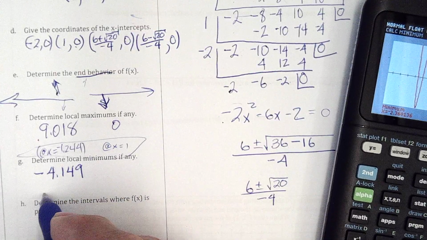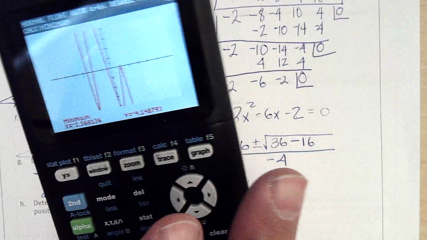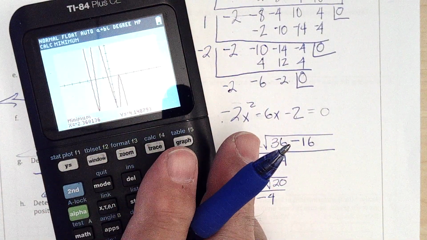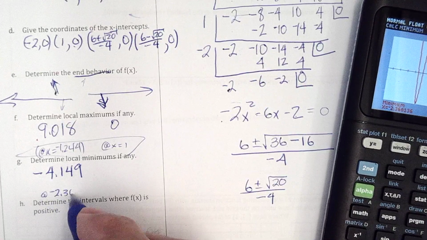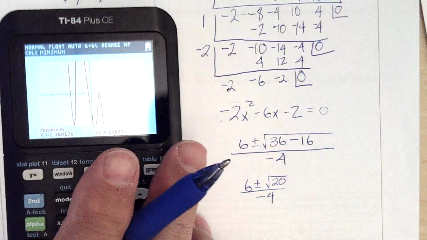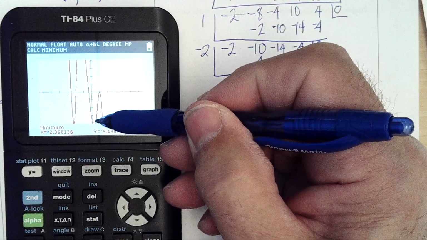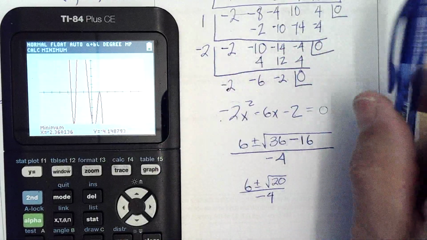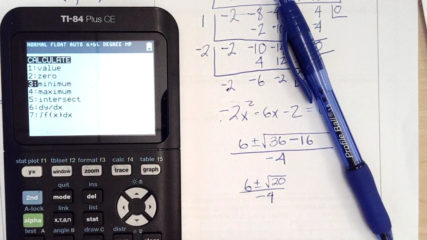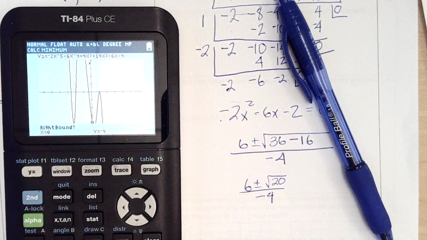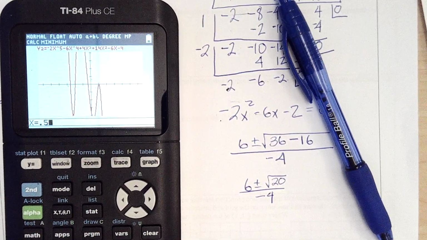-4.149. And just for my information, I'm writing down where it's at. It was at -2.36. And there's another local minimum down here, somewhere between 0 and 1. So I'm going to go second, calculate the minimum between 0 and 1, and I'm going to guess it's about 0.5.